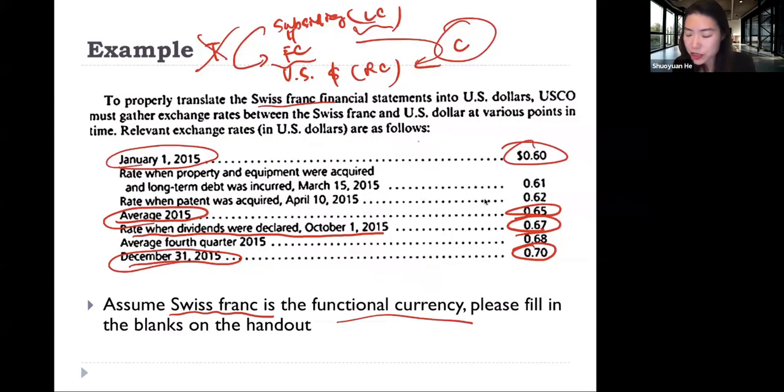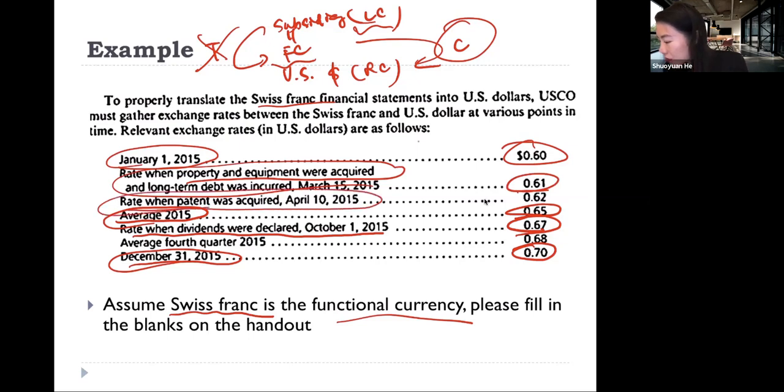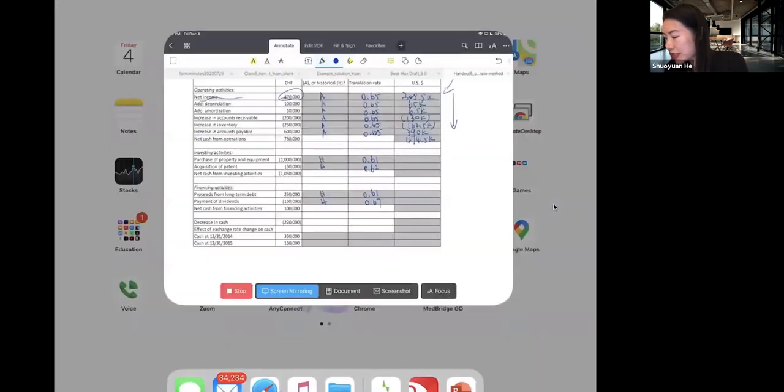The first one, purchase of PP&E, is this rate, 0.61. Acquisition of patent, we use this rate, 0.62. Long-term debt, also 0.61. Payment of dividend, 0.67. So those are where those rates are coming from.